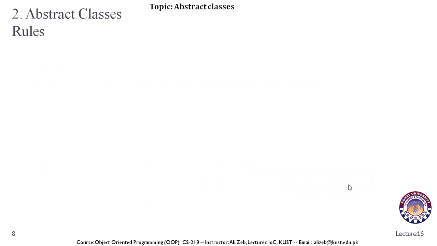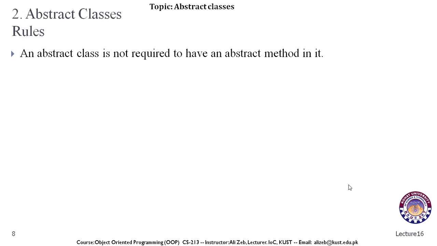There are some rules that we need to remember when we use abstract classes and abstract methods. An abstract class is not required to have an abstract method in it. As I said earlier, for an abstract method, it is compulsory that it be declared in an abstract class, but the reverse is not true.